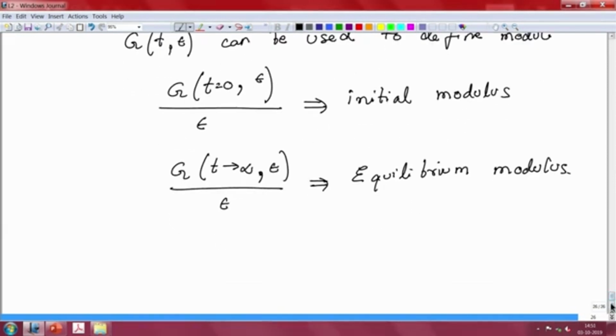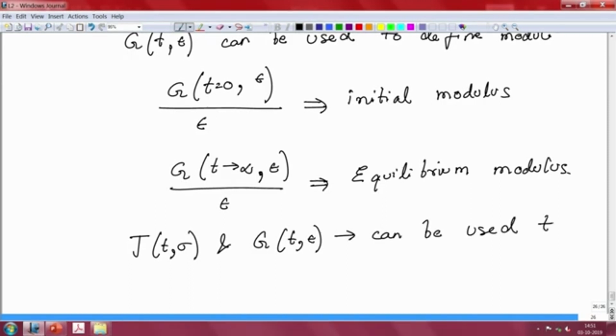The purpose of this was to illustrate the fact that J(t, sigma) and G(t, epsilon) can be used to characterize material properties.